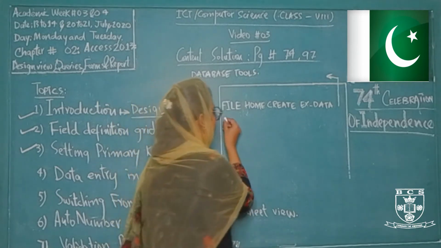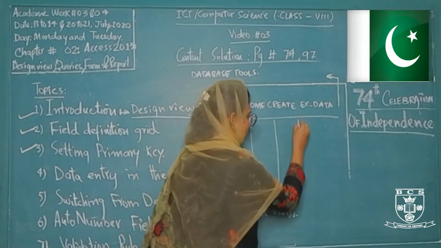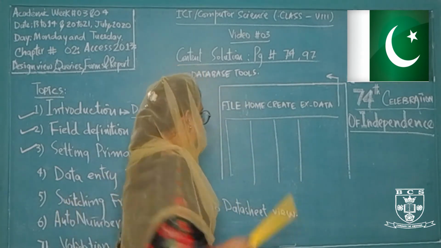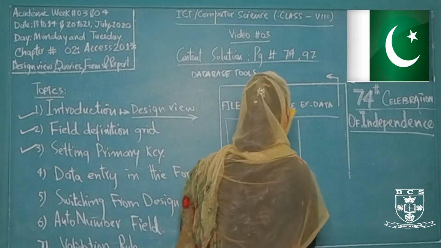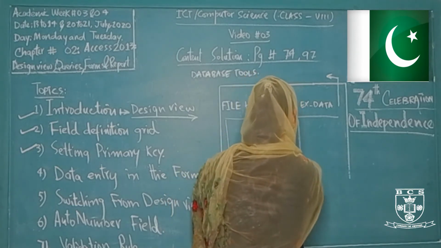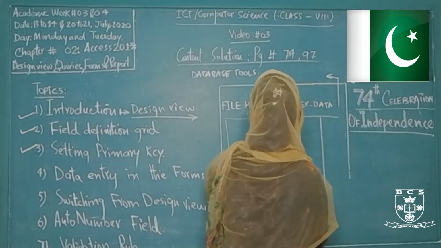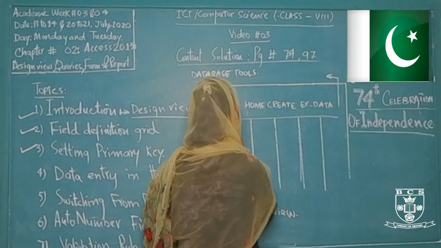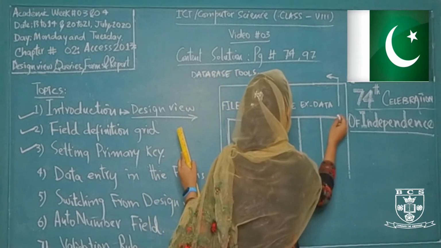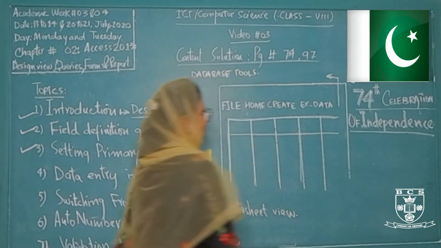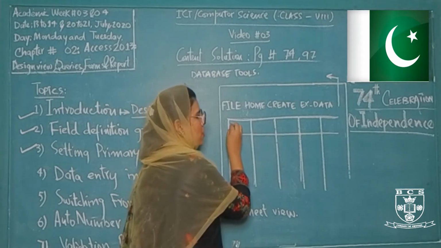For example, in this table I am having 4 different fields, and I want to make this field my primary key field.